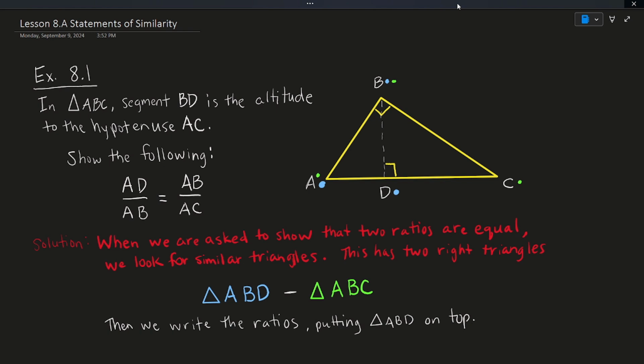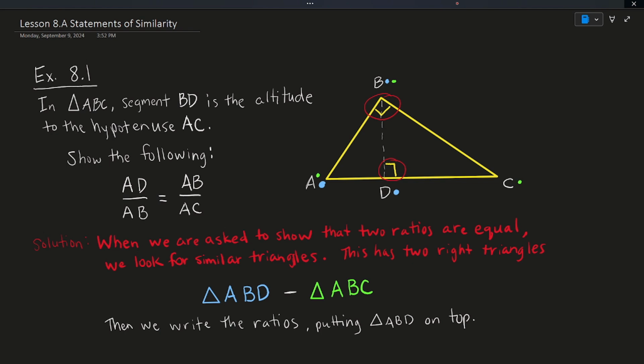Solution to this: when you're asked to show that two ratios are equal, we look for similar triangles, and this one has two right triangles. We can see it automatically with the right triangles here. It'll be triangle ABD and triangle ABC.